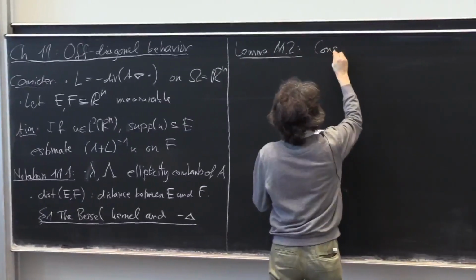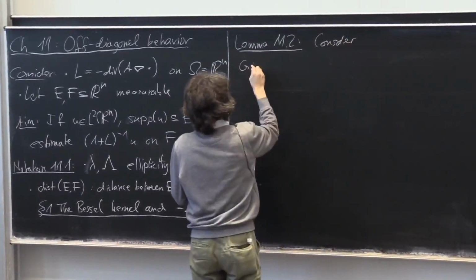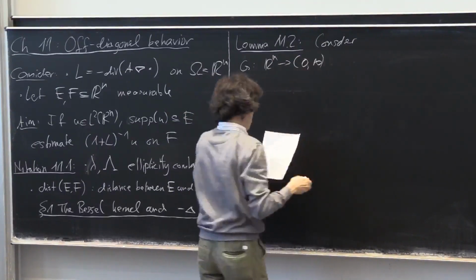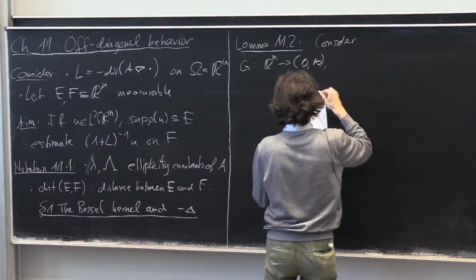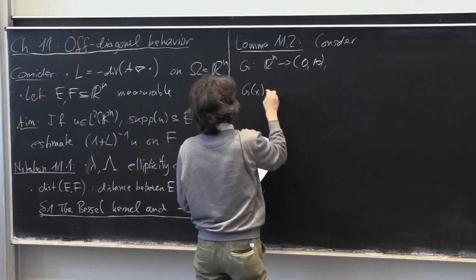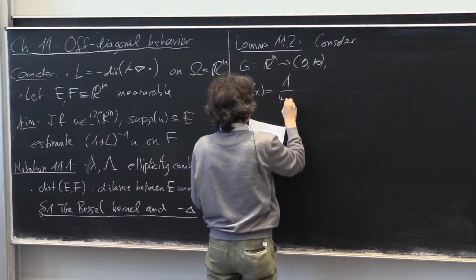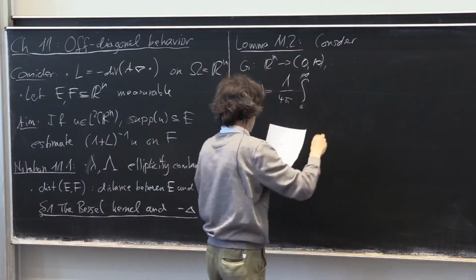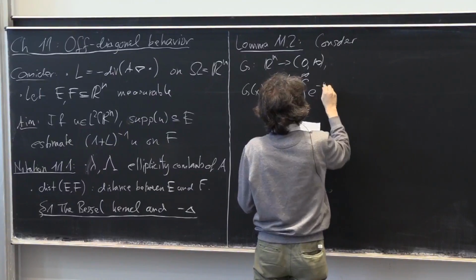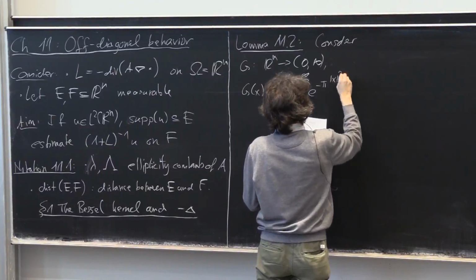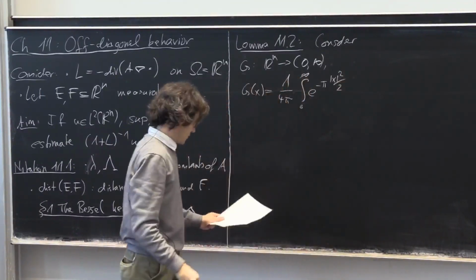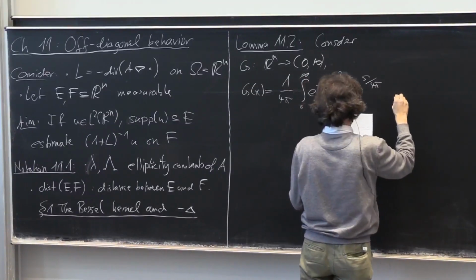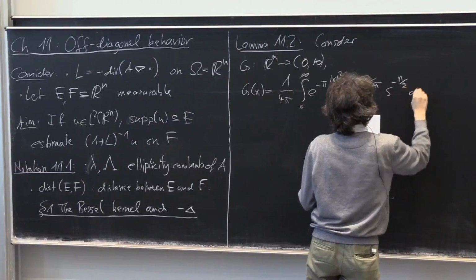Consider the following function, capital G, defined on R^n, which is strictly positive valued, given by g of x is 1 over 4 pi, the right normalization constant, integral from 0 to infinity e to the minus pi modulus of x squared over s, e to the minus s over 4 pi, s to the minus n halves ds.